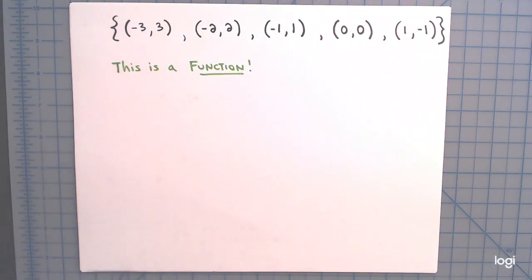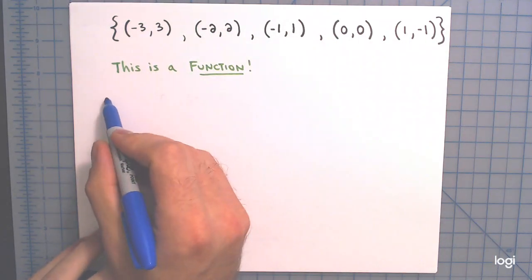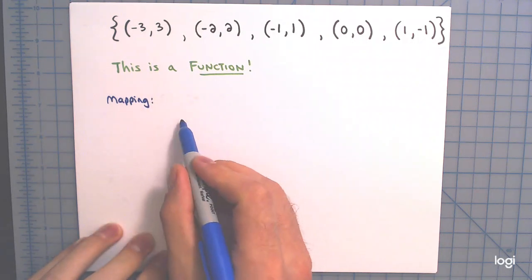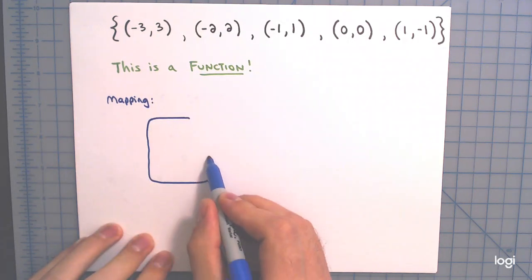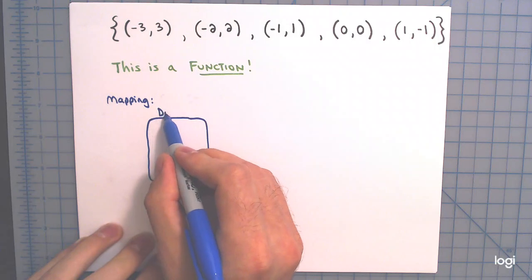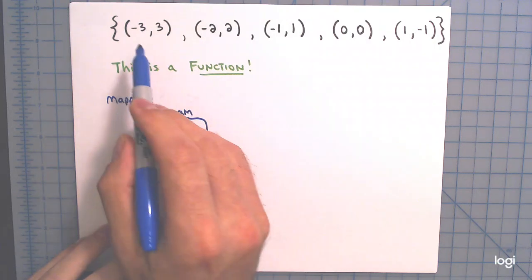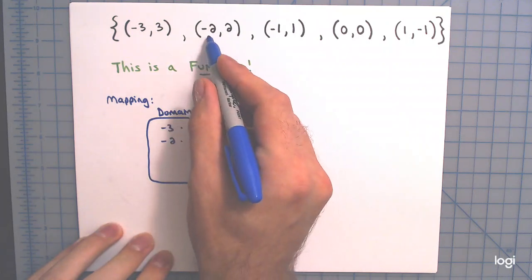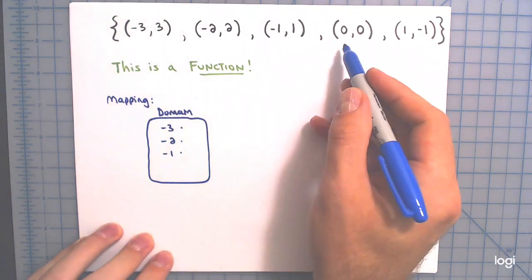You could also make a mapping if you wanted to, right? There's only 5 ordered pairs up here. I could make a picture like in the previous example, where here are my x coordinates, right? The values of the domain. So -3, -2, -1, 0, and 1.